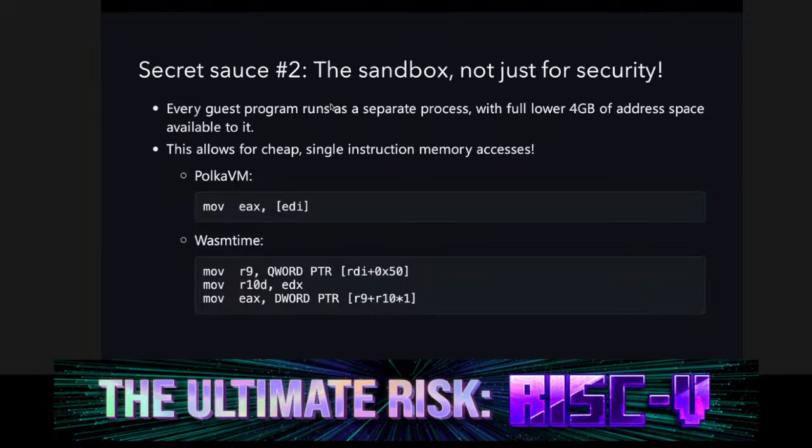And this has the magic property of allowing us to have really cheap single instruction memory accesses. So here we have two bits of assembly, one generated by PolkaVM and one generated by WASM time. So as you can see, we can do this in one instruction, and WASM time needs 3 significantly more complex instructions. So this makes it quite a bit faster to access memory.